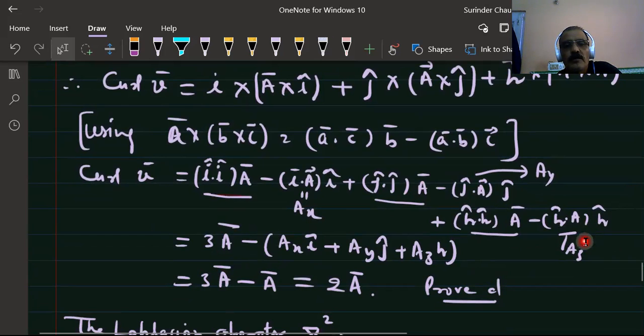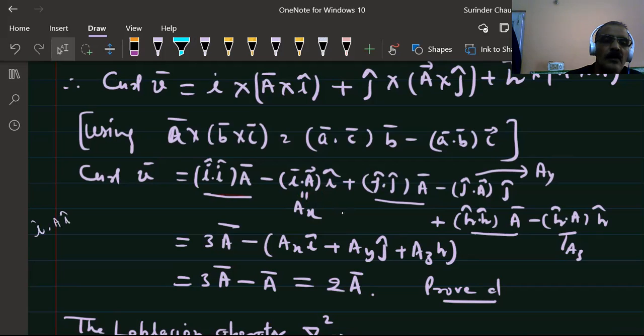Suppose ω has three components: ωx i plus ωy j plus ωz k. Then i·ω is ωx, since i·j is 0.